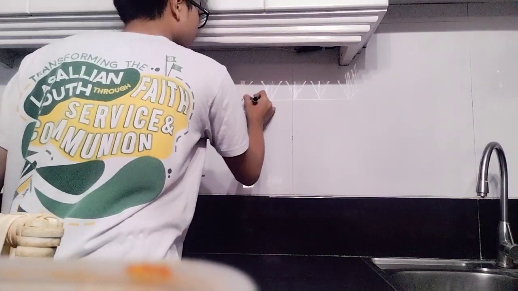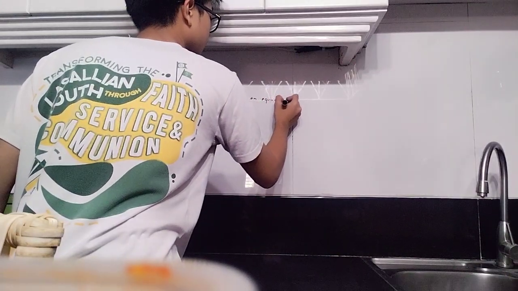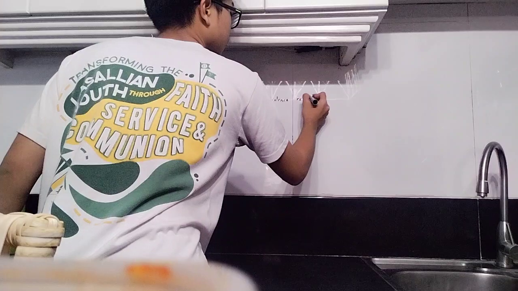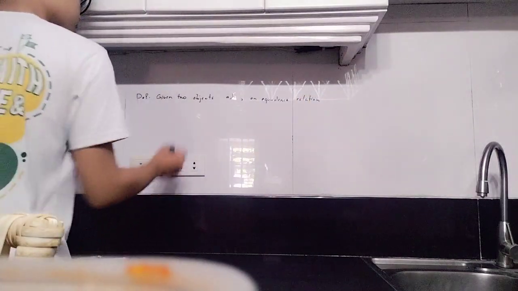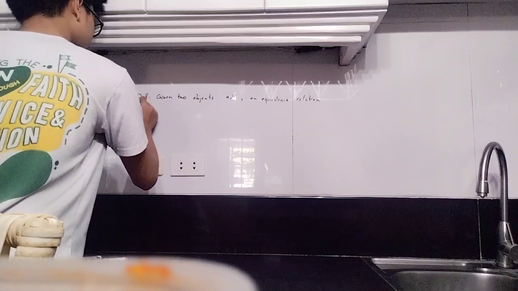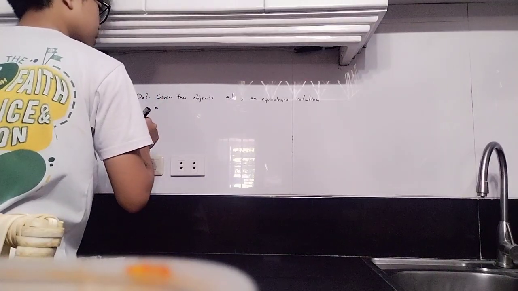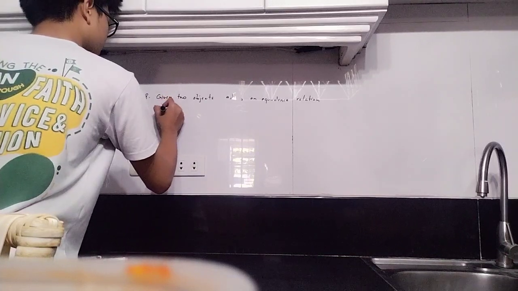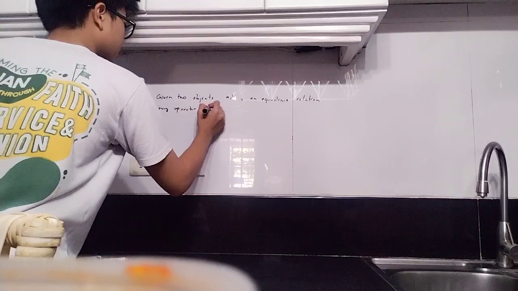Given two objects, A and B, an equivalence relation is a binary operator, which we denote via tilde.